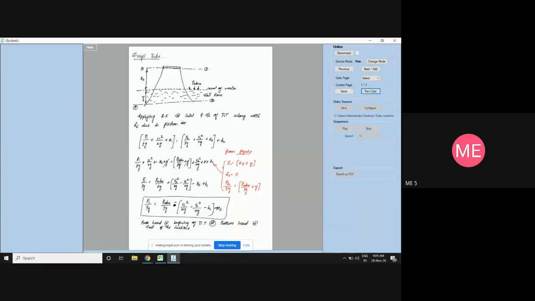Both are correct because exit of the turbine and beginning of the draft tube are at the same point. We will do one or two problems in the draft tube also.